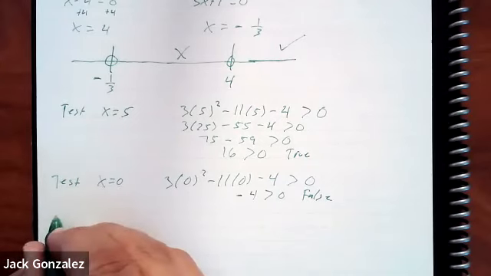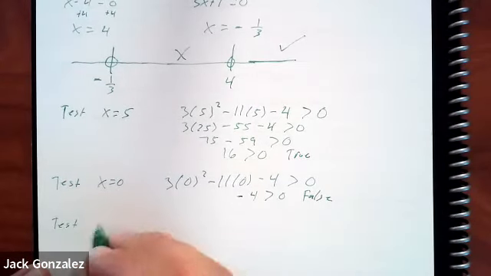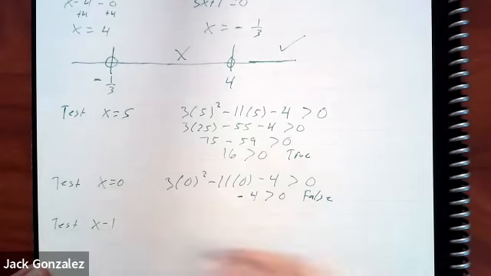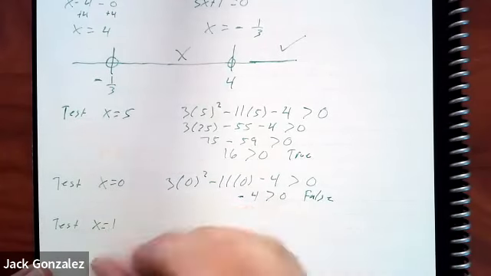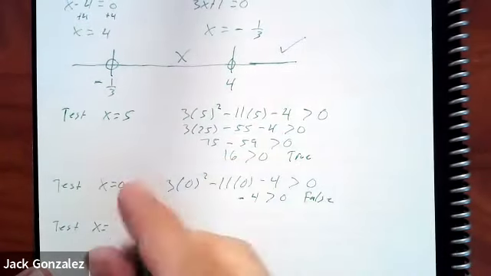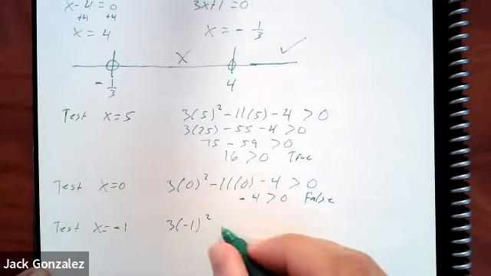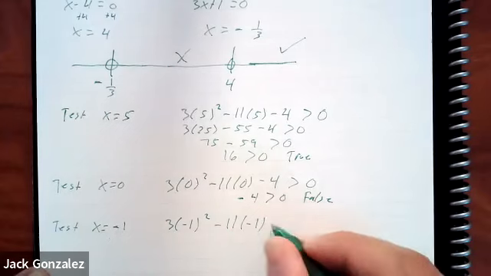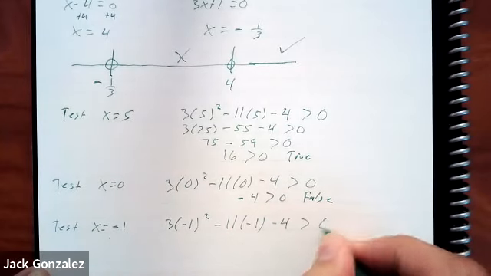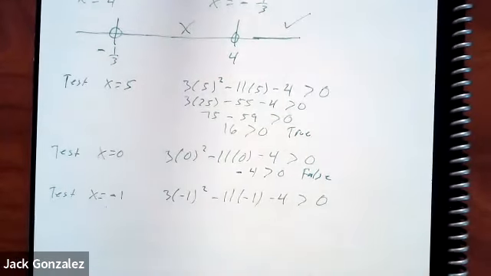What's a good number? -1. Yeah, that's a good one. So 3 times -1 squared minus 11 times -1 minus 4, is that greater than 0? Yeah.